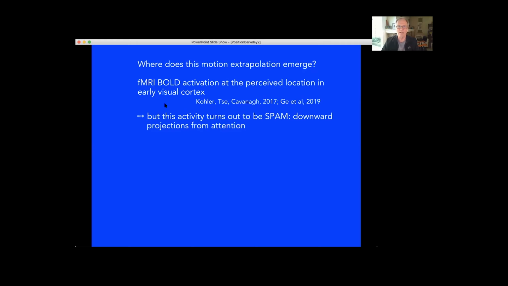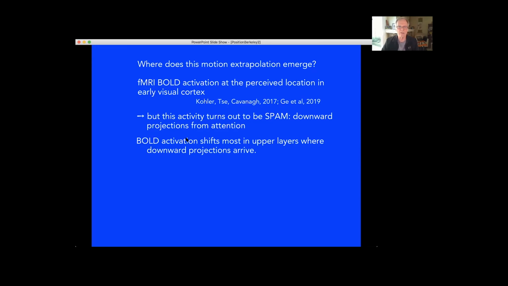And that's interesting, but actually we believe, and these articles support the idea, that it comes not from a shift that occurs in early visual cortex, but from attention. Attention has this perceptual shift much later on and projects back to early cortex, saying, this is where I think the stimulus is going to be. And that's the activity that is being picked up here.